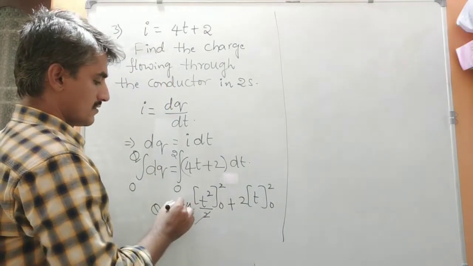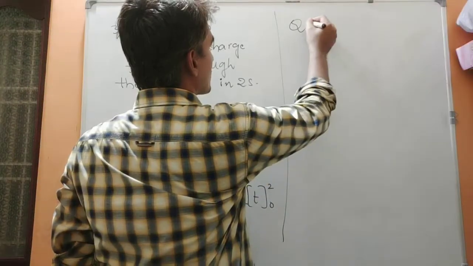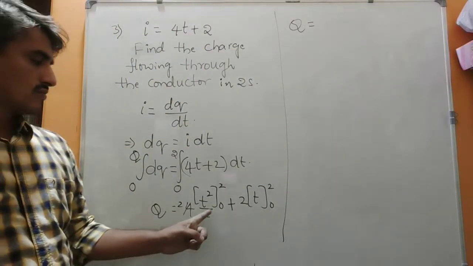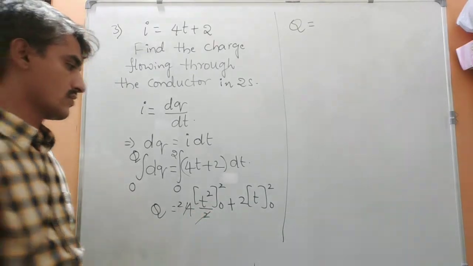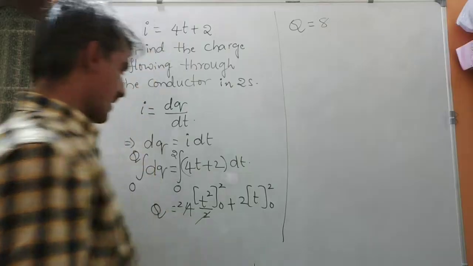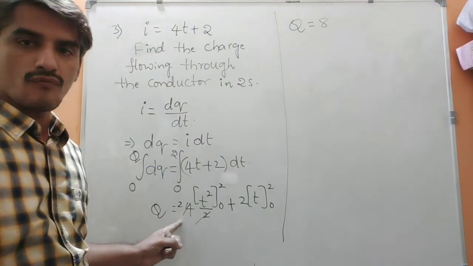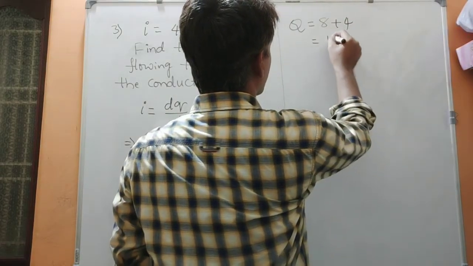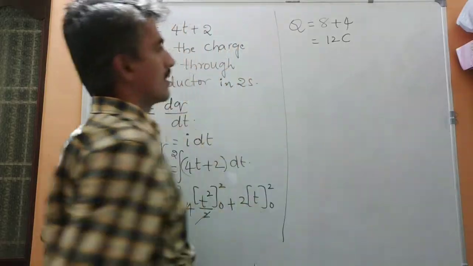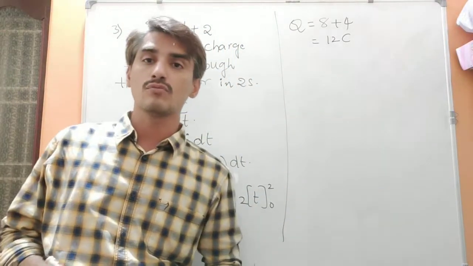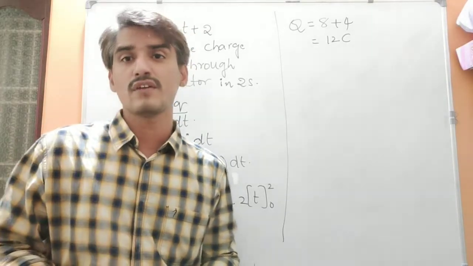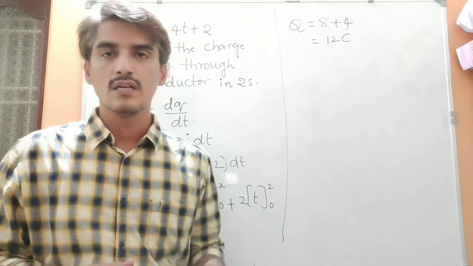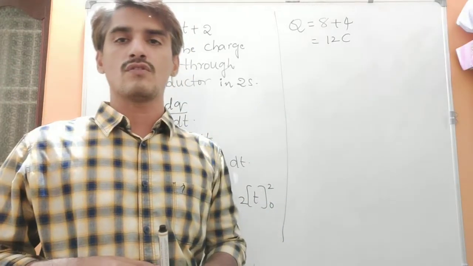Now 2 ones, 2 twos. So q can be written as 2 into, instead of t, if we substitute 2 here, 2 square is nothing but 4, 4 into 2, 8. 2 square into 2, 4 into 2 is 8, plus 2 into 2 is 4. 8 plus 4 is 12 coulomb. 12 coulomb of charge is a very huge amount of charge, since 1 coulomb itself is a very big amount of charge.